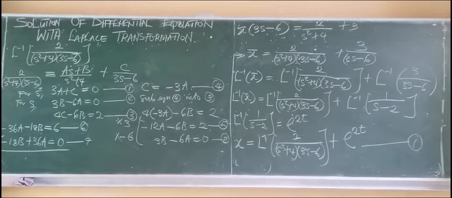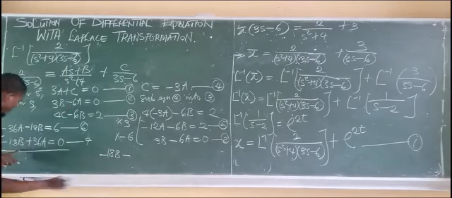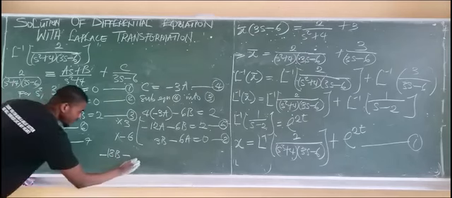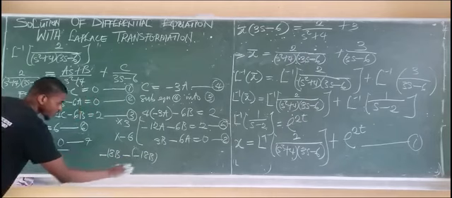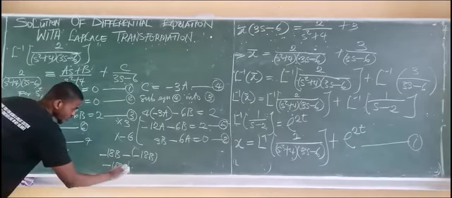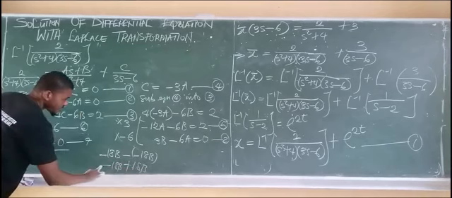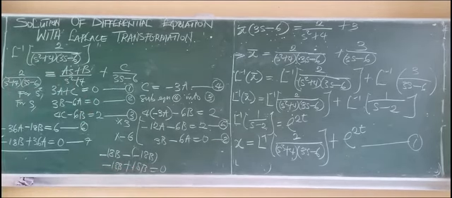If I do that, I have minus 18b minus minus 18b. Minus minus becomes plus, so this is minus 18b plus 18b, which is equal to 0. So I've been able to eliminate b.